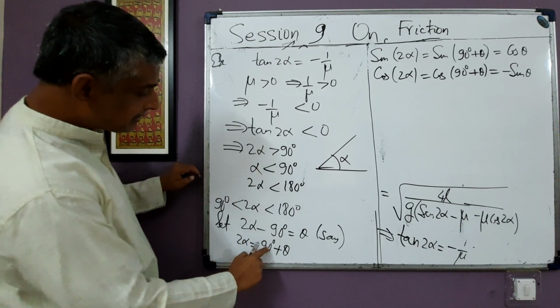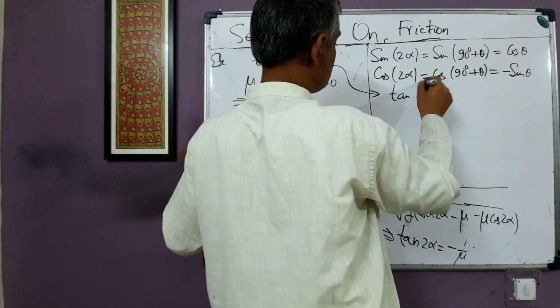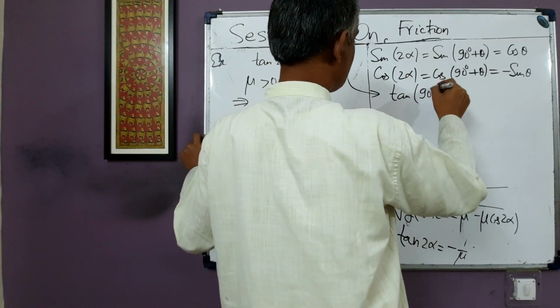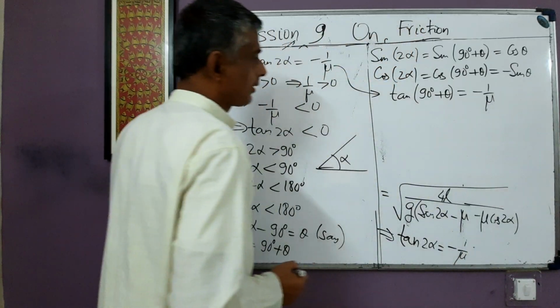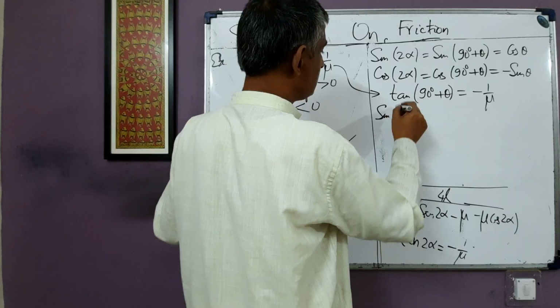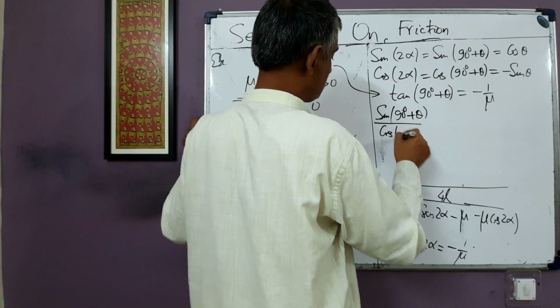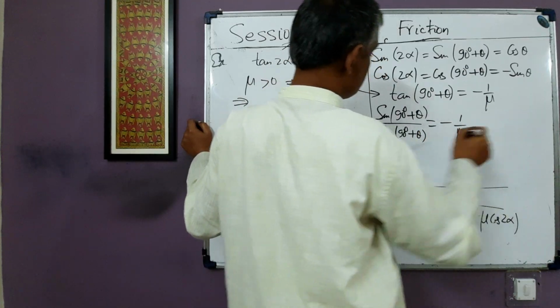Now 2 alpha is 90 degrees plus theta. Substitute in this. So tan of 2 alpha is replaced by tan of 90 degrees plus theta, which is equal to minus 1 by mu. Now tan of 90 plus theta will be written as sin of 90 plus theta by cos of 90 degrees plus theta, equal to minus 1 by mu.